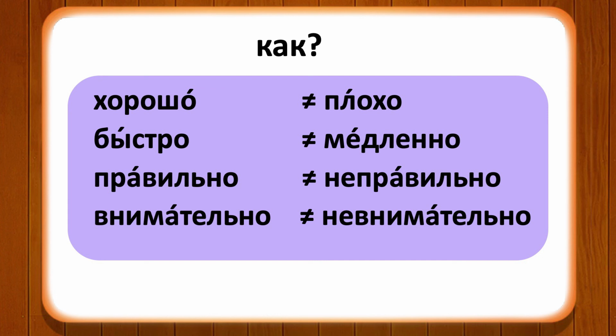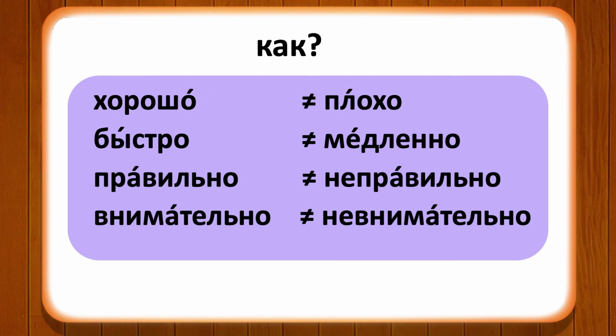The next adverb will be quickly or fast. In Russian, it is быстро. It means fast or quickly. The opposite will be slow, which in Russian is медленно. So I'll repeat: быстро, медленно.